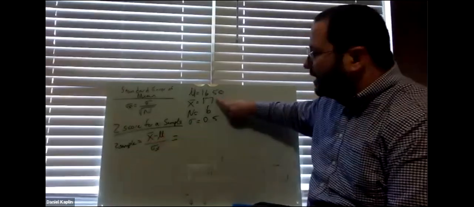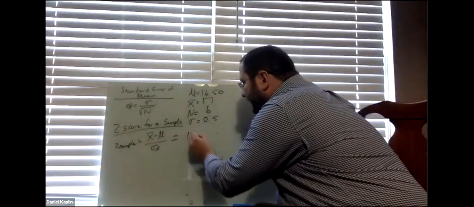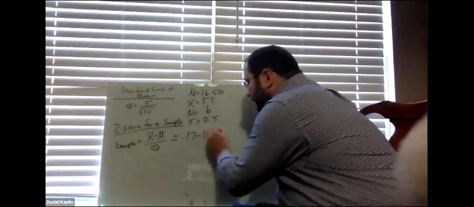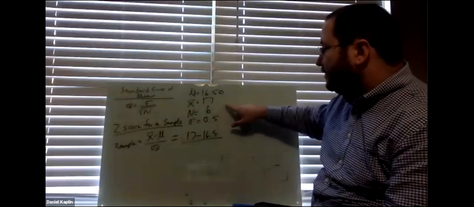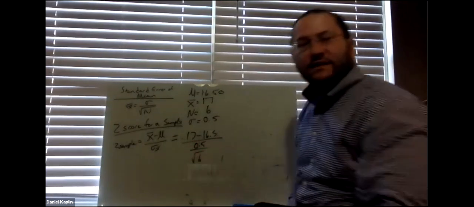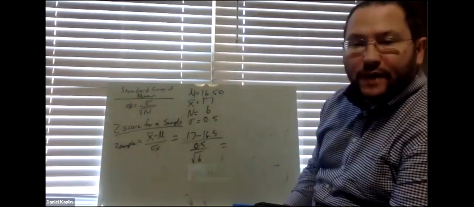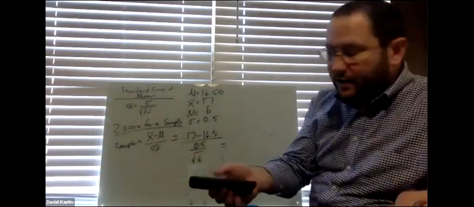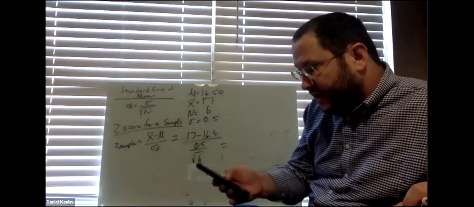We want to find 17 ounces or greater, so we're going to do 17 minus 16.5 divided by our standard error of the mean, which is 0.5 over the square root of 6. Remember I said calculate the bottom first. I needed my calculator because I don't know the square root of 6 offhand.